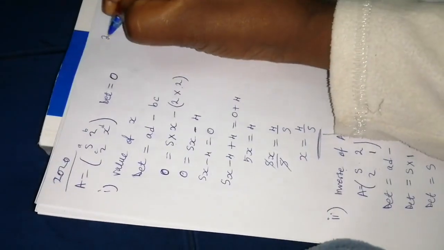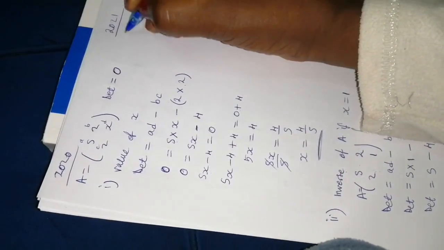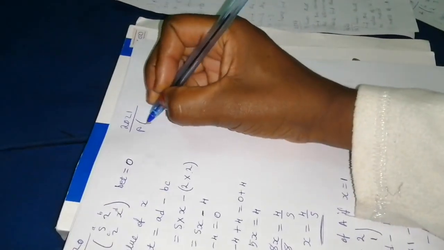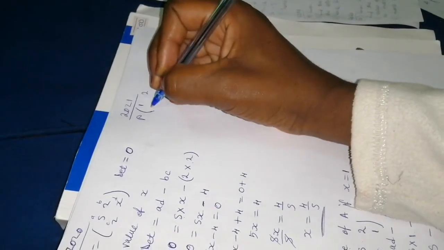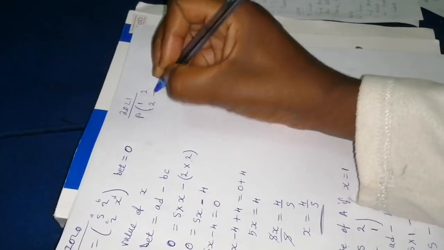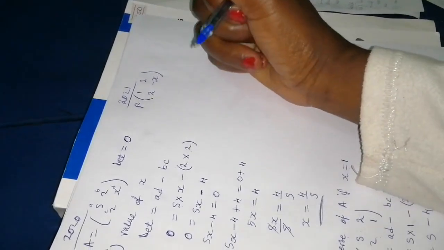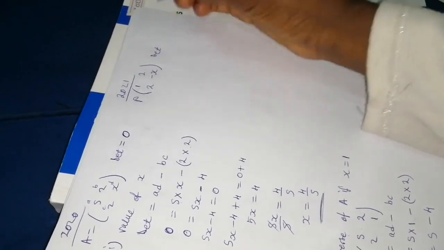Hence, find the inverse of P. Okay, so for 2021, we are given matrix P with elements 1, 2, 2, -x. Okay, then the determinant is also given, which is -3.